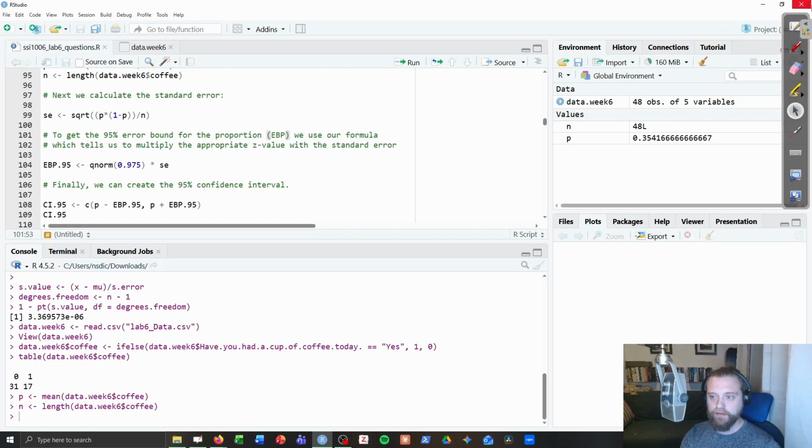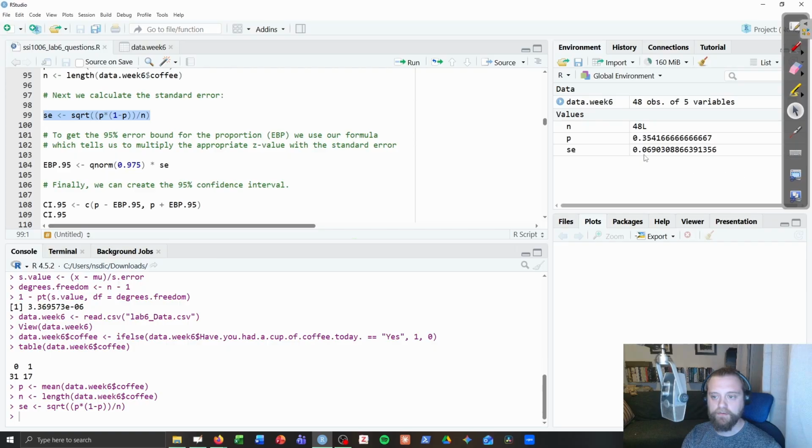So in this case, our formula would be that we would take 0.35 multiplied by 1 minus 0.35, divided by 48, and then we take the square root of the whole thing. Let's look at what the answer to that is. Here's our standard error. And it turns out to be 0.0690.